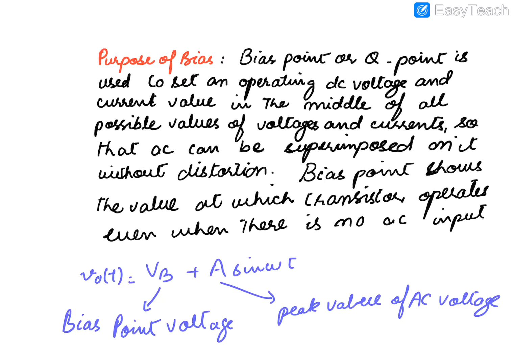So this bias point is basically the value at which the transistor operates even when there is no AC input value. So the output is basically the combination of bias point voltage and the AC signal. VB is the bias point voltage, this is the AC signal, and A is the peak value of the AC voltage.